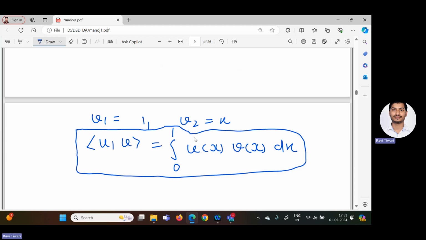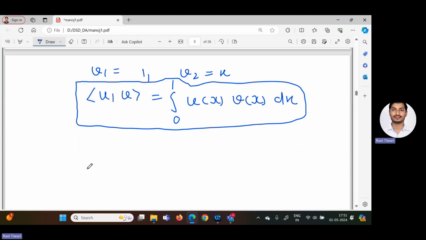and v2? So again we can apply the formula for the angle between two vectors. We know that cos theta equal to the inner product of u comma v divided by norm v1 and norm v2.